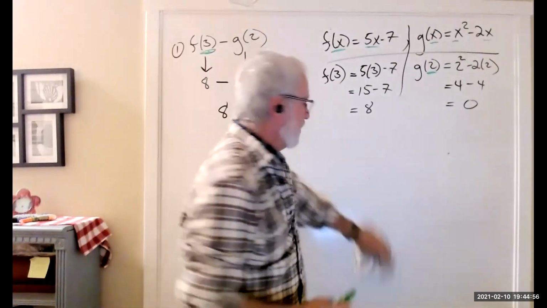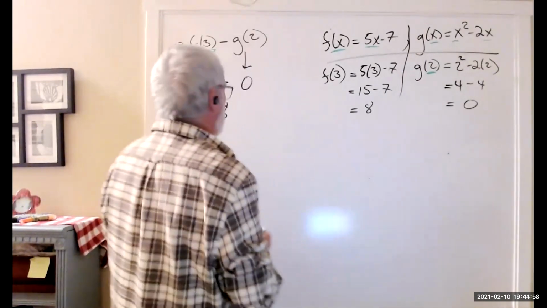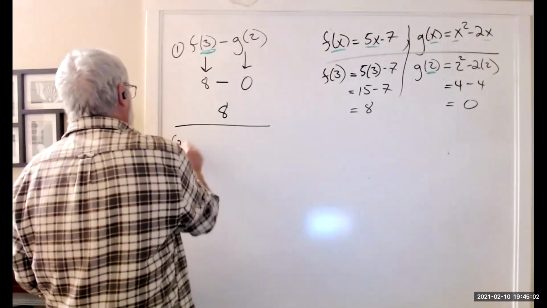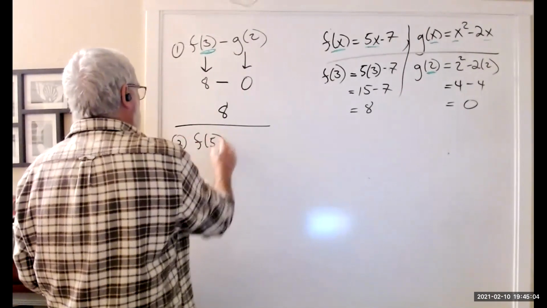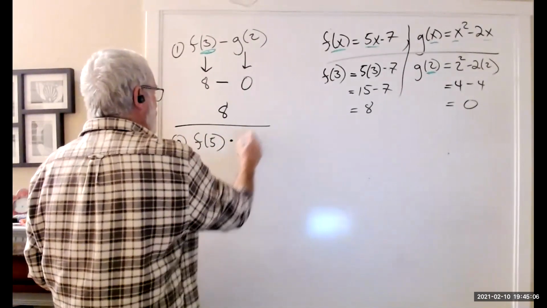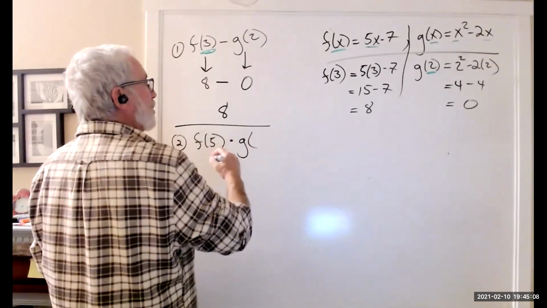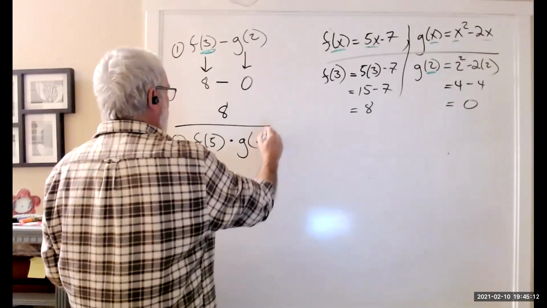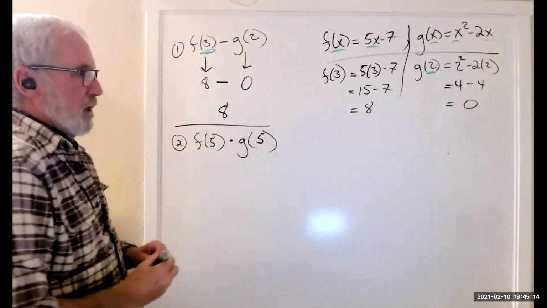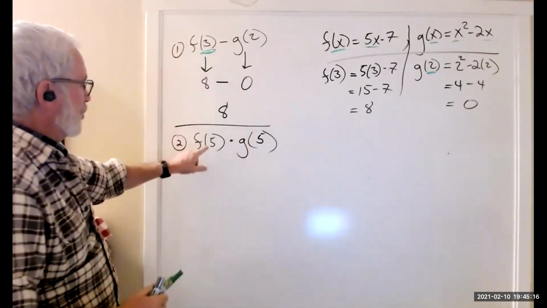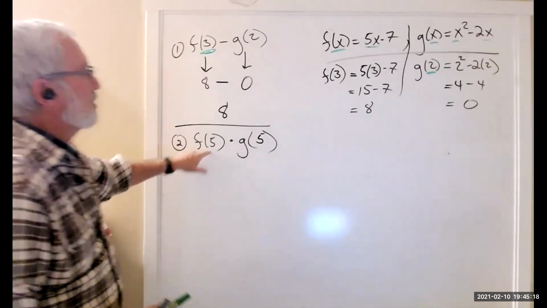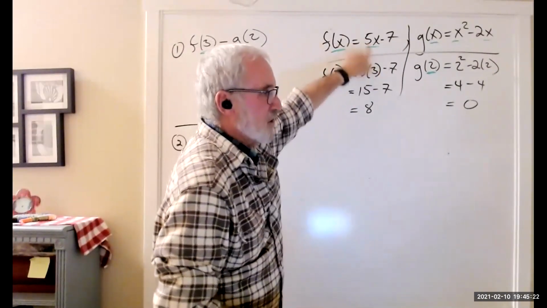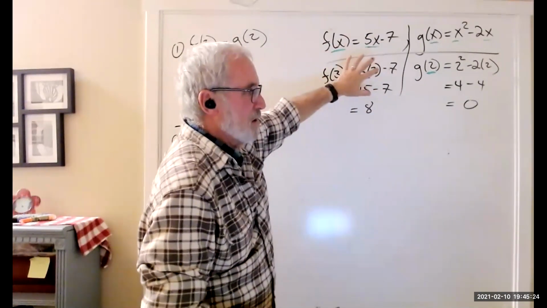Okay, what was the other problem? I erased it up here. It was f of 5 multiplied by g of 5. So again, you're going to look at the f function and put 5 in place of x and work out the arithmetic.